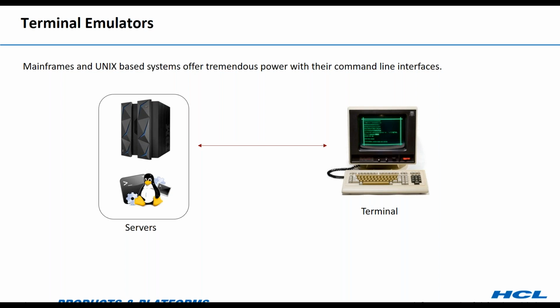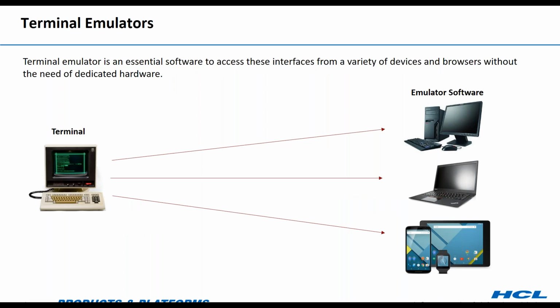This was the only interface that we used to get in the past to contact any mainframe which resides in a lab. But after the introduction of PCs, laptops, and mobile devices, we want everything to be done on the PCs or mobile devices that we have in our hands, and terminal emulation software enables us to do that.